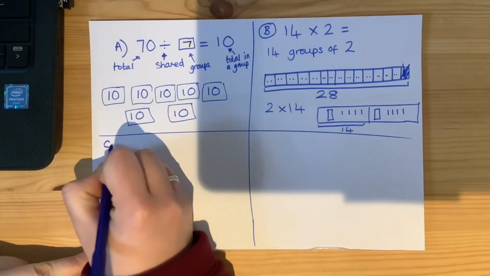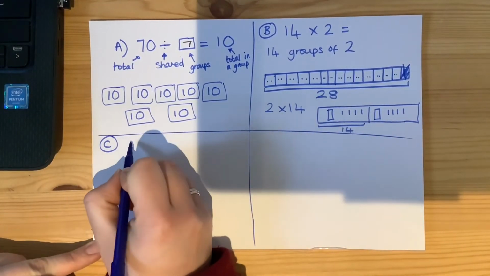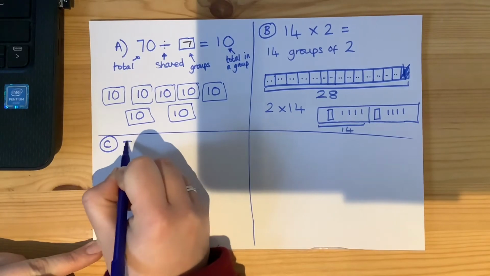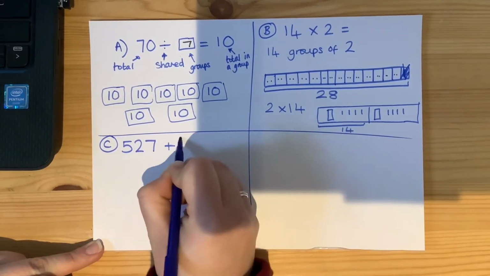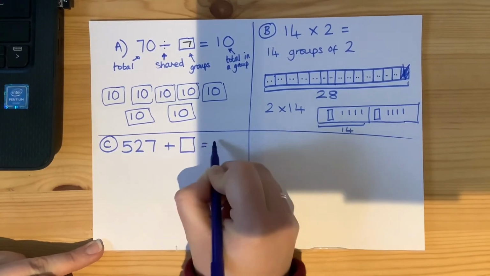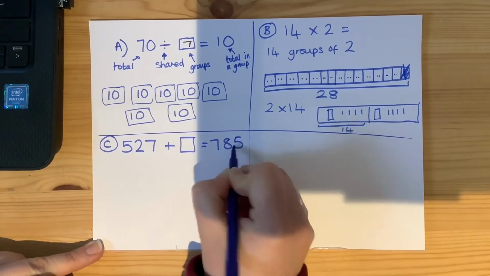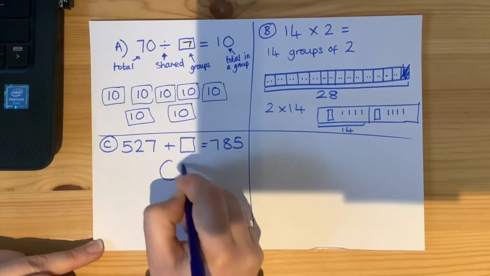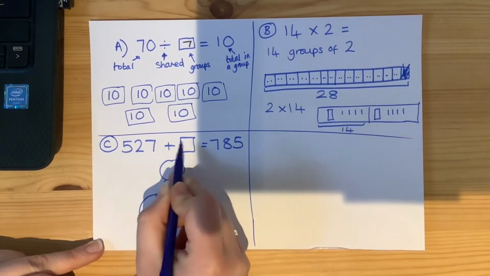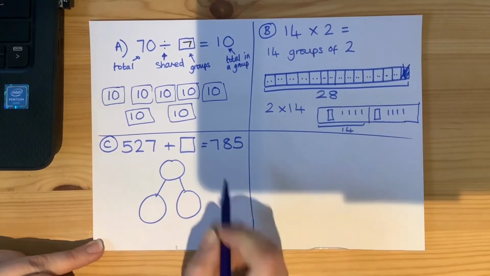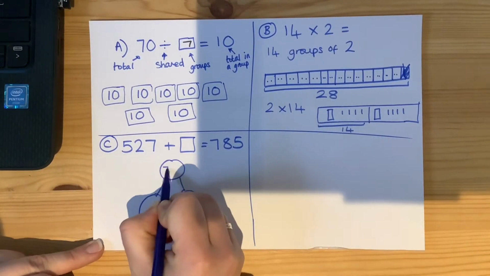Now C is another missing number problem, but this is an addition problem. So we've got 527 plus an unknown number equals 785. Now we know with our part whole method that we have 2 parts added together to make a whole, our total.